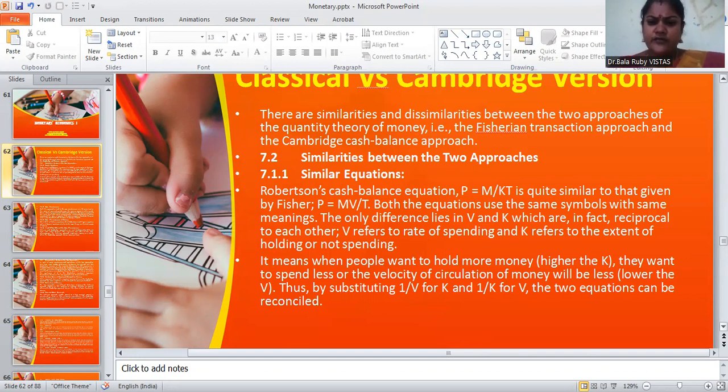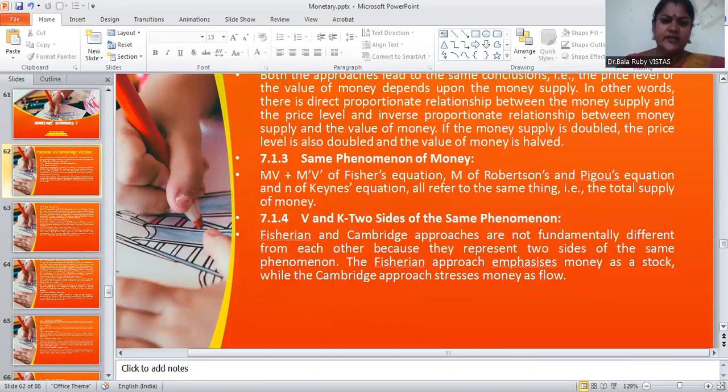Here V refers to the rate of spending and K refers to the extent of holding and not spending. It means when people want to hold more money, they want to spend less, or the velocity of circulation of money will be less. Therefore, by substituting 1 by V for K and 1 by K for V, the two equations can be reconciled. So this is the first similarity between these two approaches.